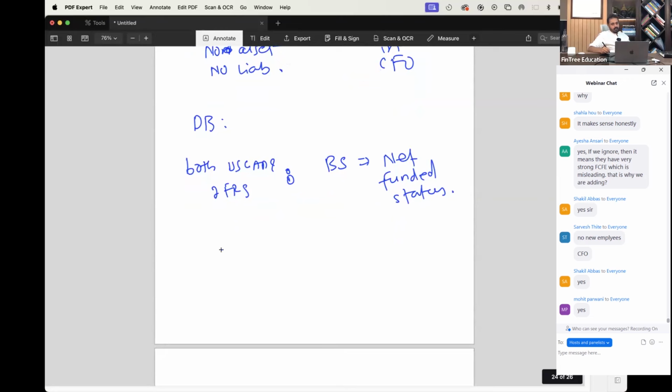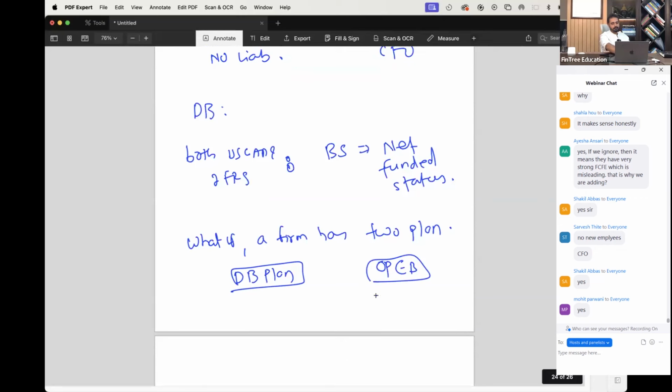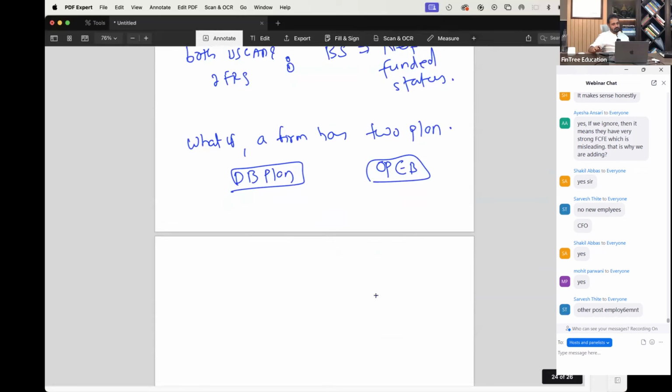Now, what if a firm has two plans? Can they have two separate pension plans? Yes. They have a DB plan, and then they have an OPEB plan. What is OPEB? Other post-employment benefits. What does this include? Something like, I'll take care of your medical expenses, that kind of stuff.